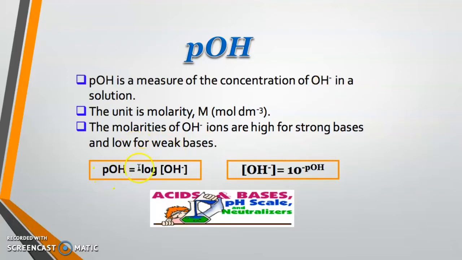So pOH is equal to the negative log of the concentration of hydroxide ion. If you want to find the hydroxide ion concentration, it is equal to antilog negative pOH.